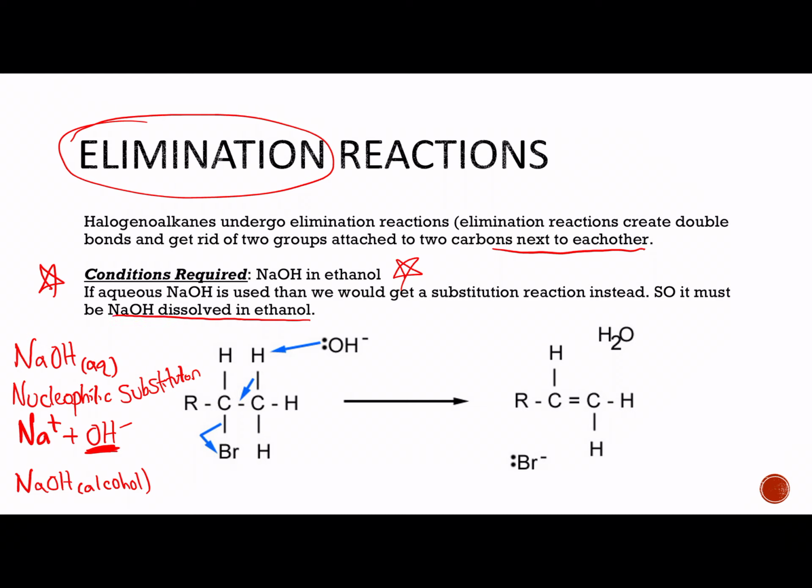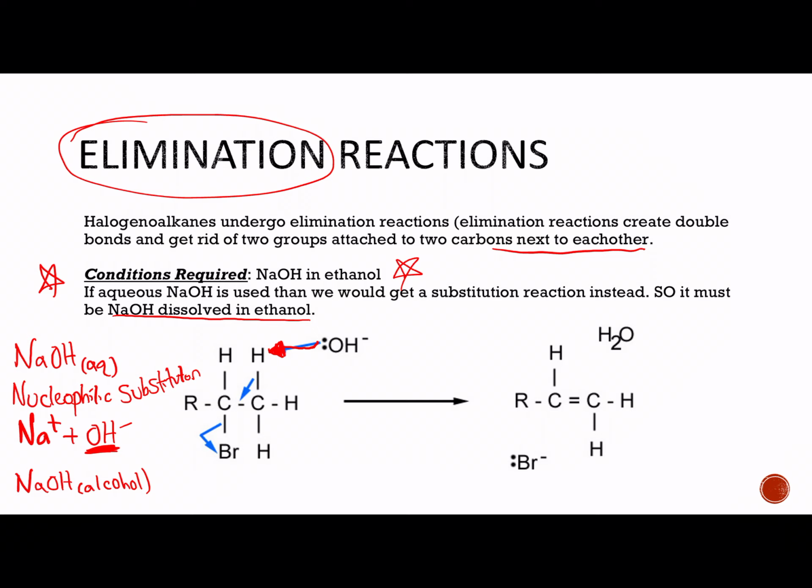And so you actually do not need to memorize this mechanism. You just need to know that this is what happens. However, I do have the mechanism included because I understand better with mechanisms, because it's important to know what bonds are being formed. So the idea is that in an elimination reaction, the nucleophile hydroxide takes this hydrogen.